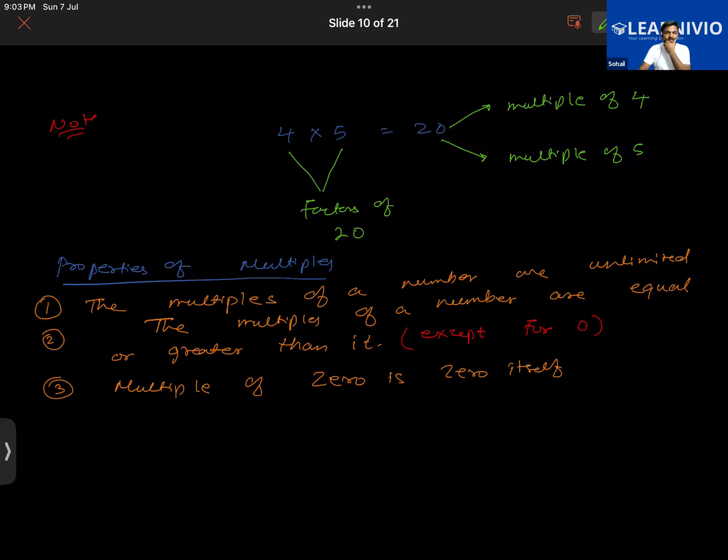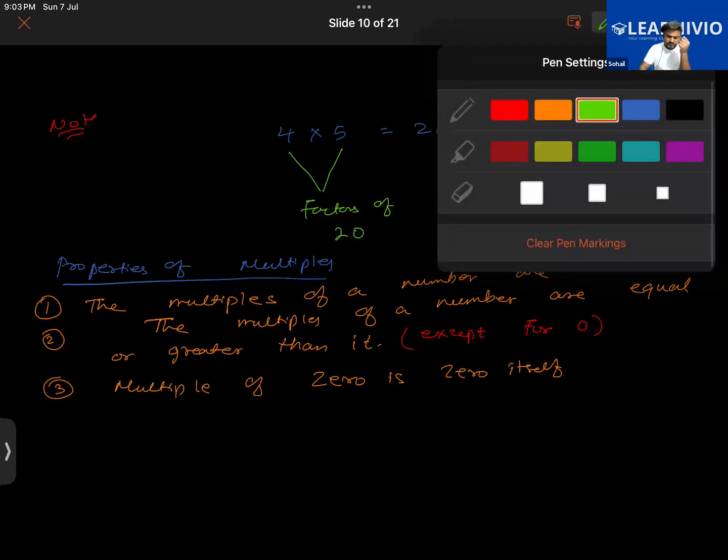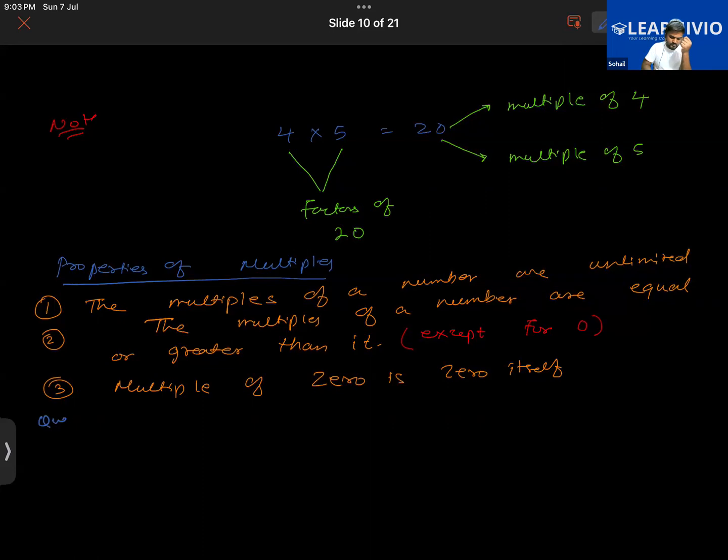Let me just write the question. Do I have to write the properties too? Yeah, you have to write the properties and also memorize them. Okay, by the way, answer this question.